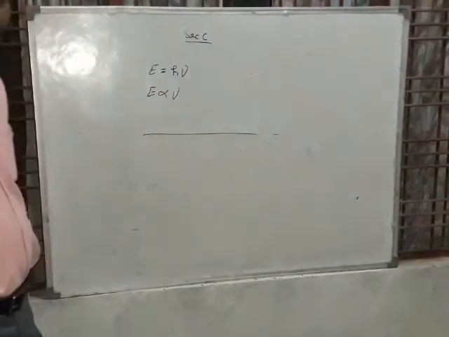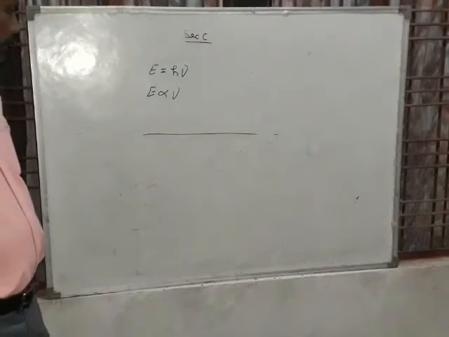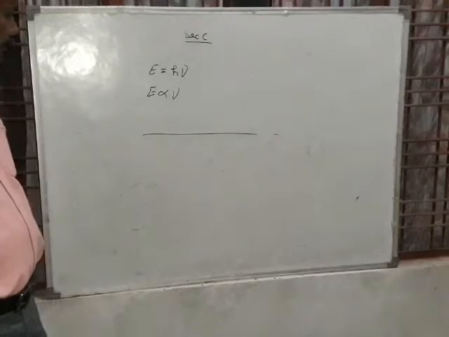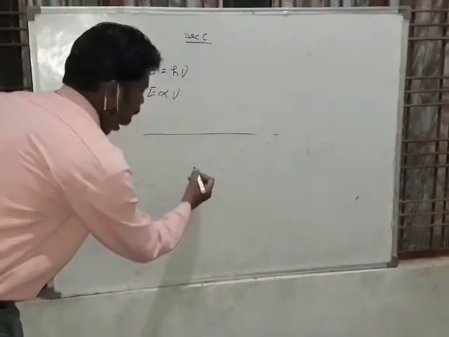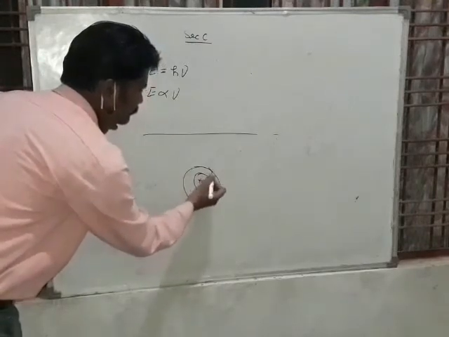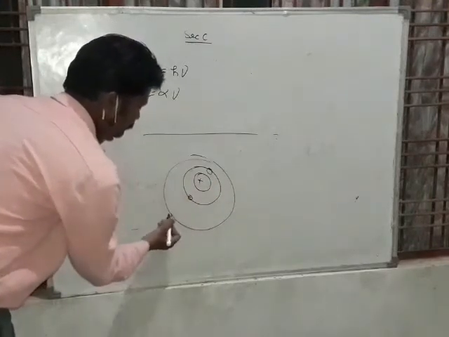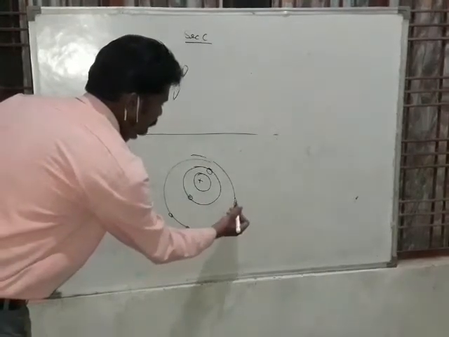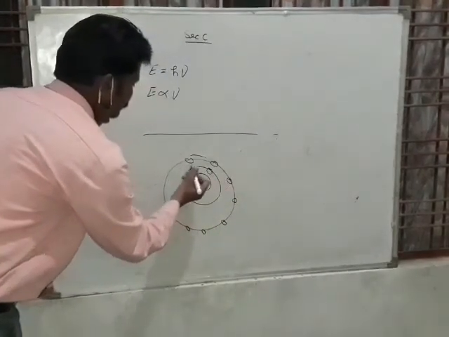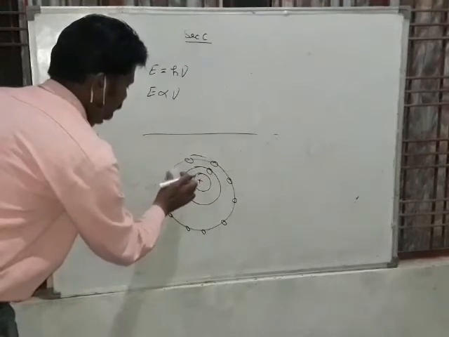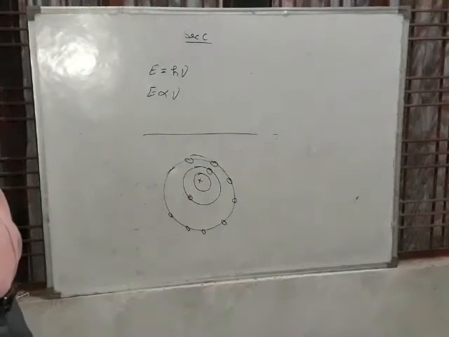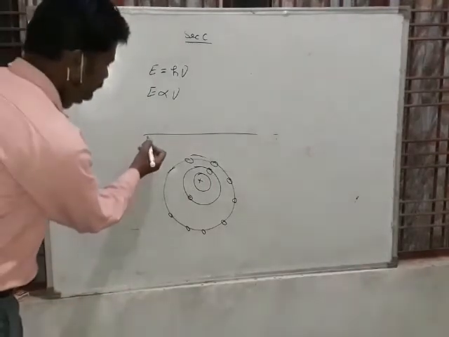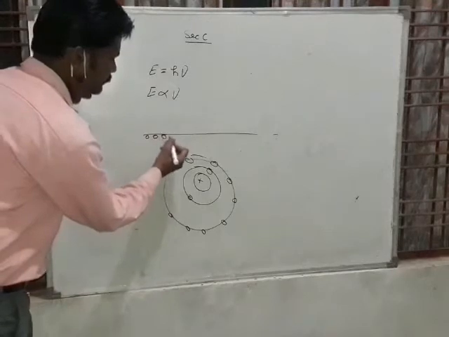And in any metal surface, you know that a number of electrons revolve around the nucleus like this. And several electrons are free to move inside the metal surface like this.